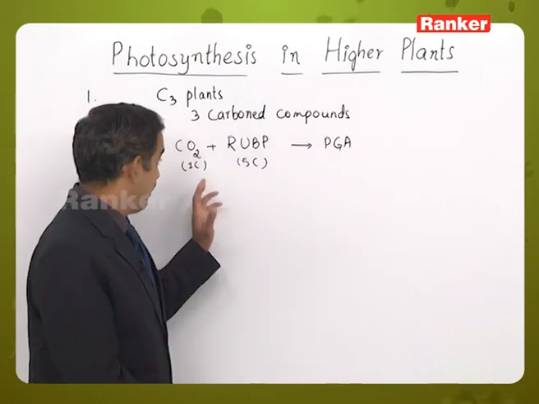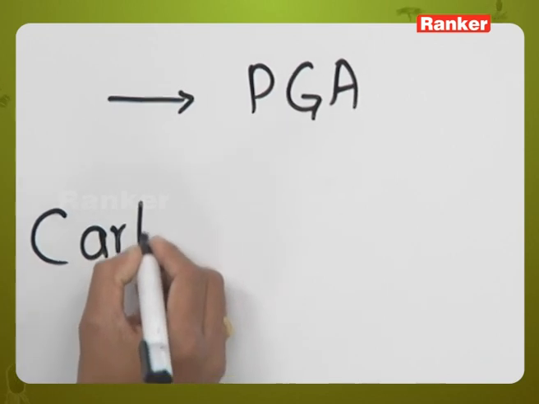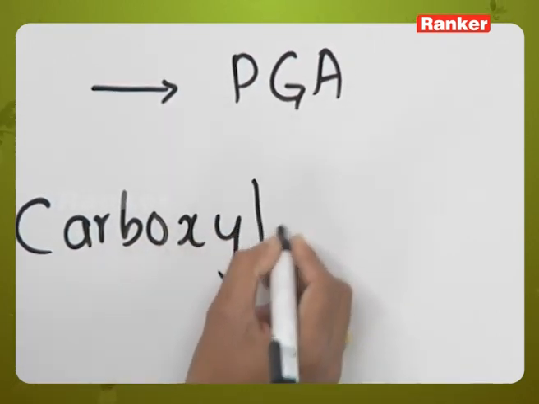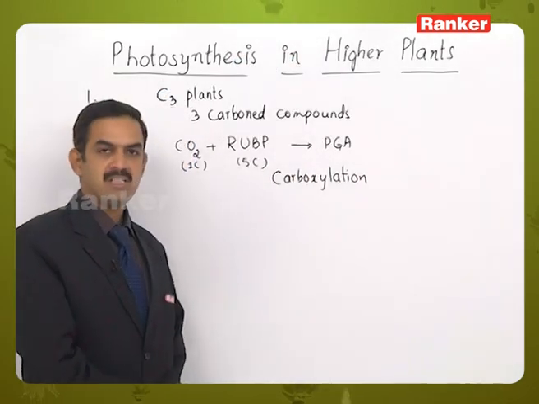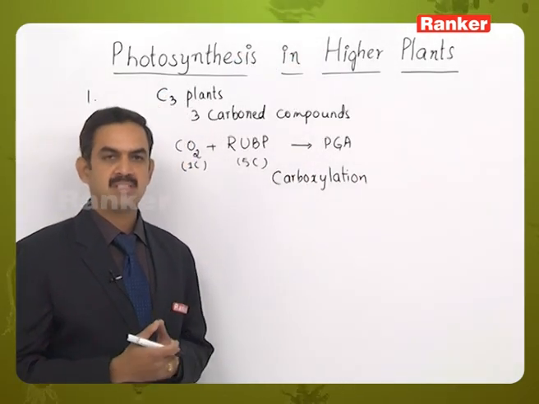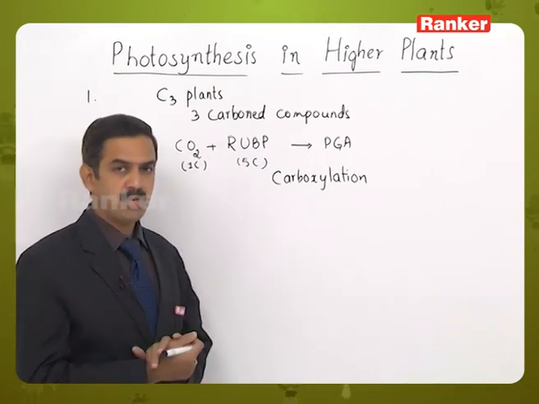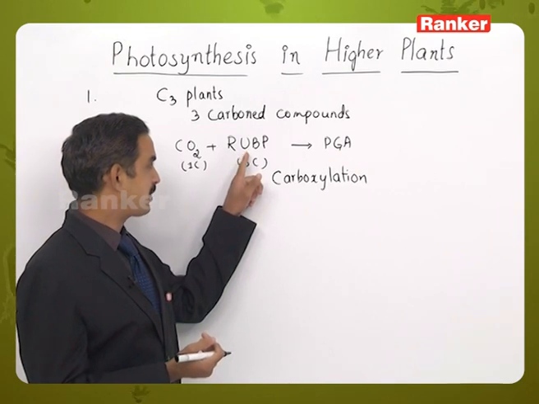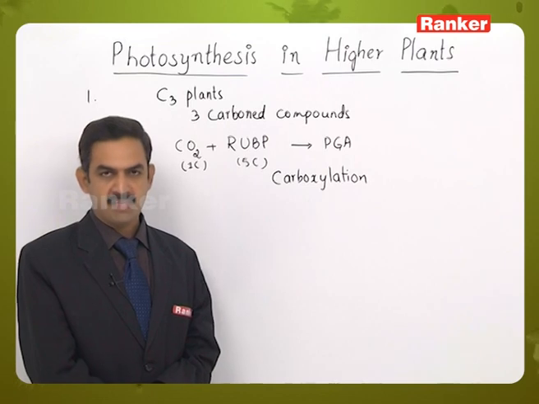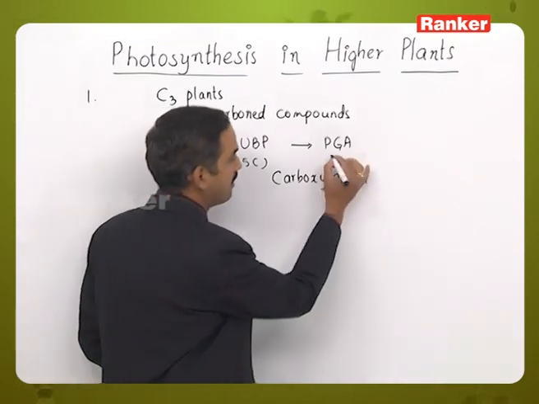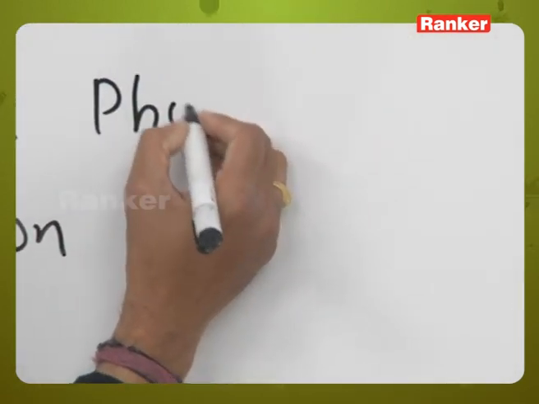Here this is called the carboxylation step. We call it a carboxylation step because RUBP is taking up carbon in the form of carbon dioxide. Taking up carbon is called the carboxylation step. So this is the first step of the C3 process, where the primary acceptor of carbon dioxide, RUBP, accepts carbon in the form of carbon dioxide, resulting in the formation of the first stable compound, phosphoglyceric acid.